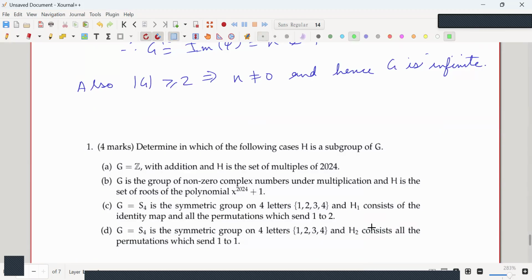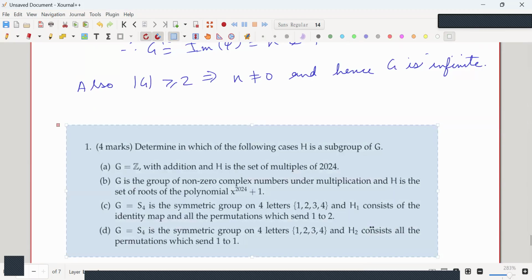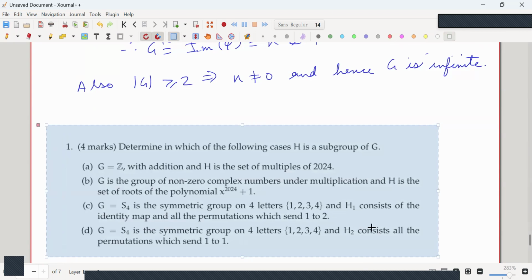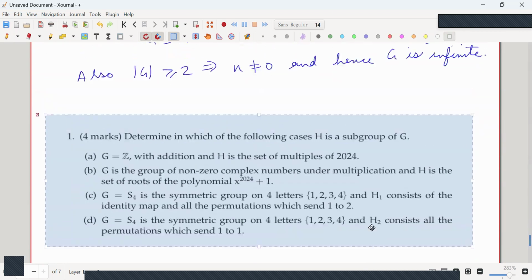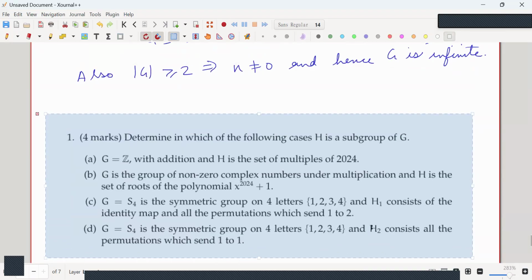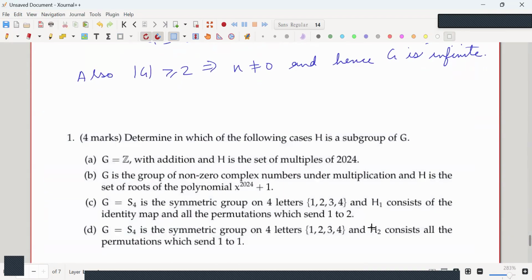So you can see the question, right? Yes, sir. We need to determine whether in the following cases H is a subgroup of G. So let me write it as extra questions.